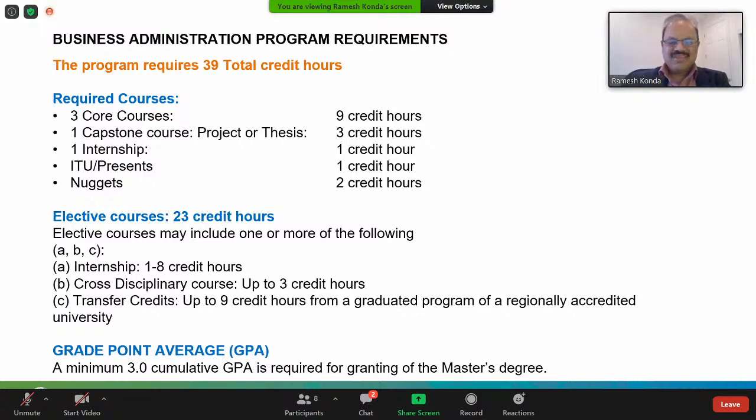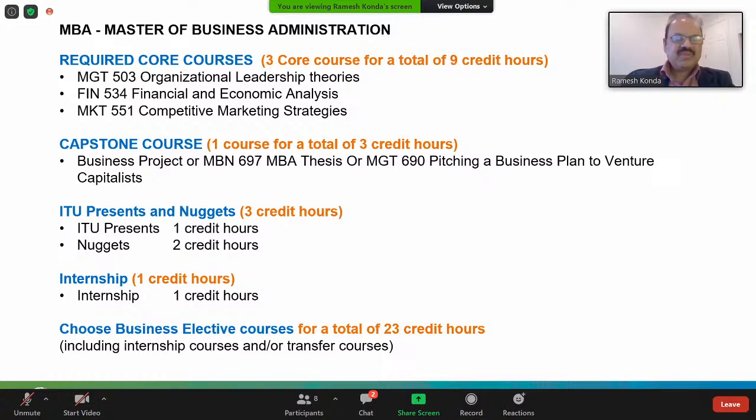So I'll quickly go through some samples of course structure. In total, 39 credit hours is what we require, and you can see the core courses, capstone, ITU internship, ITU presents, nuggets. This is a sample, basically. I don't want to give you a lot of overburdened information, just the course structure, and each department has its own structure.